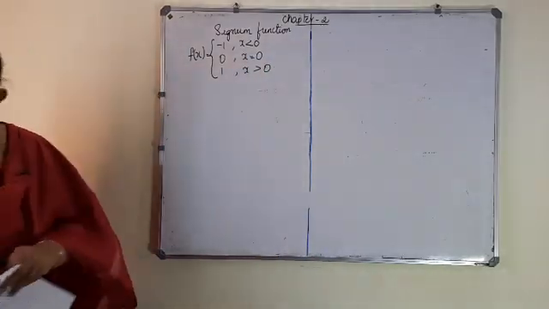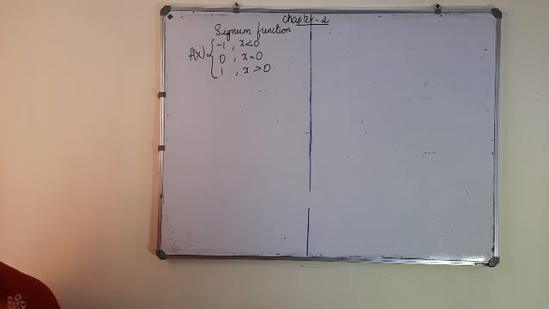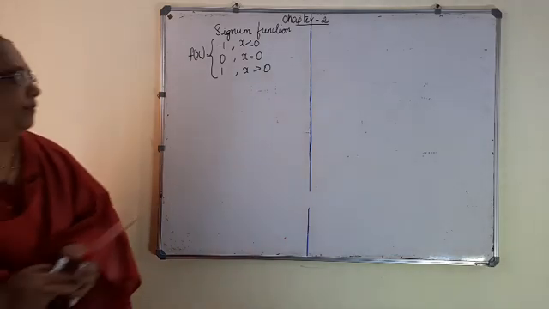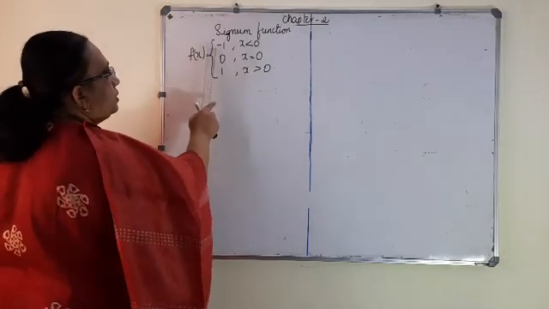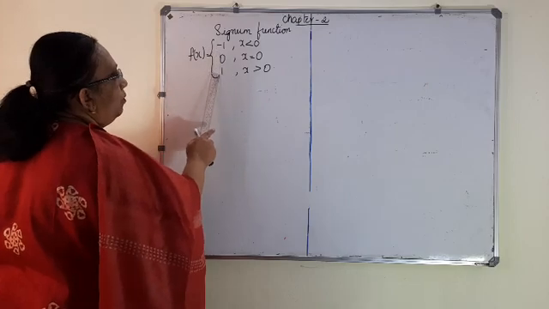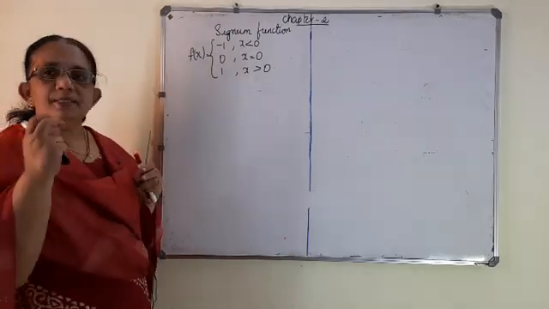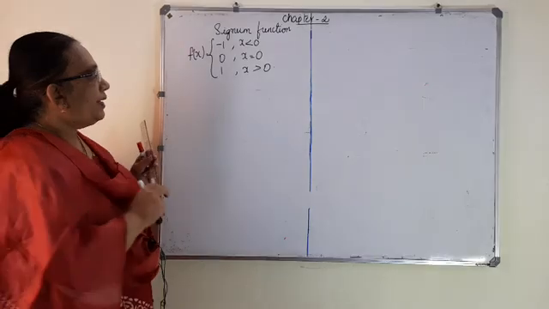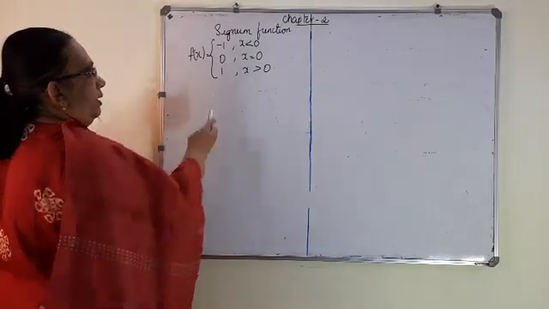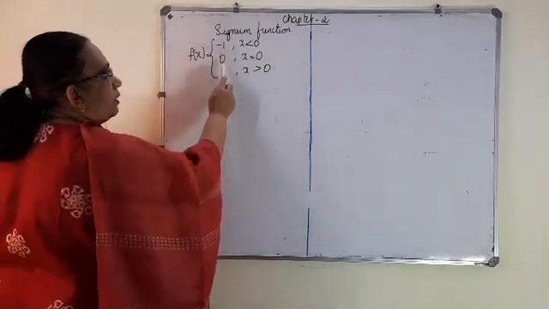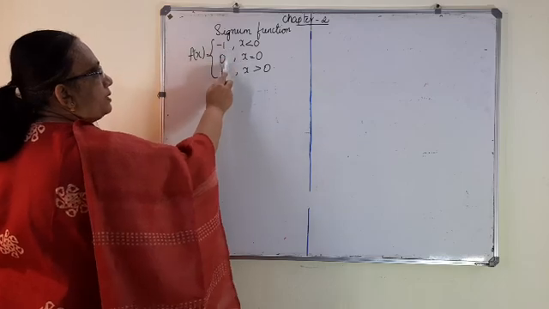Now, how to plot this graph? f of x is equal to minus 1, 0, 1. f of x means it is the y coordinate, so it is the range. The range values are only 3, that is minus 1, 0 and 1.